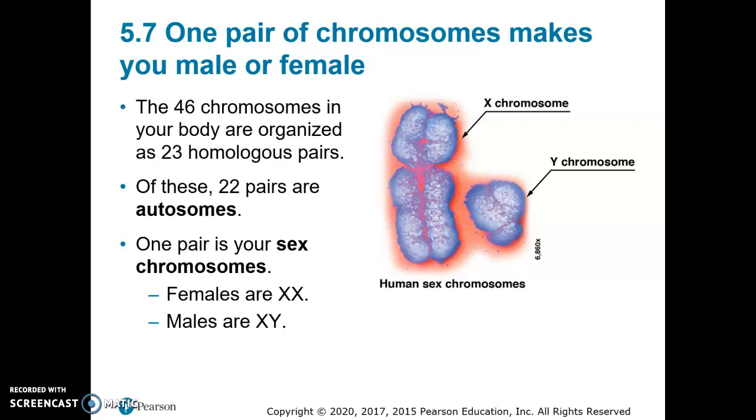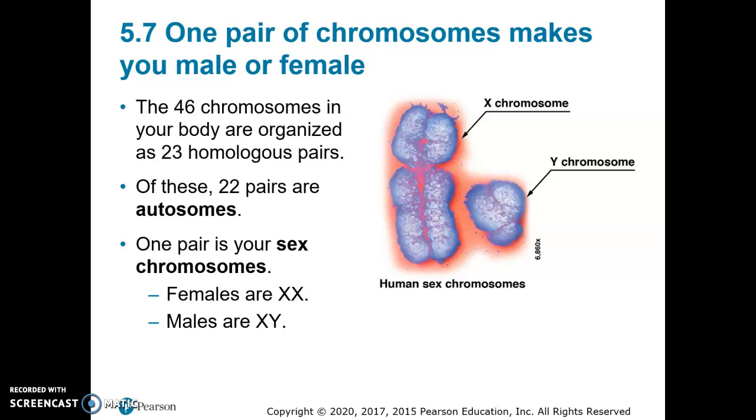So they are not technically a homologous pair. However, they will behave just like a homologous pair throughout this process. So you want to think of them as a homologous pair for right now, only because they behave like one.